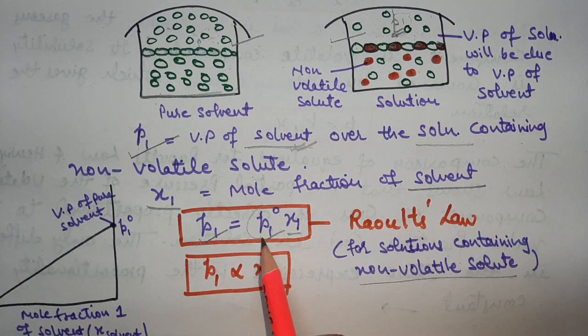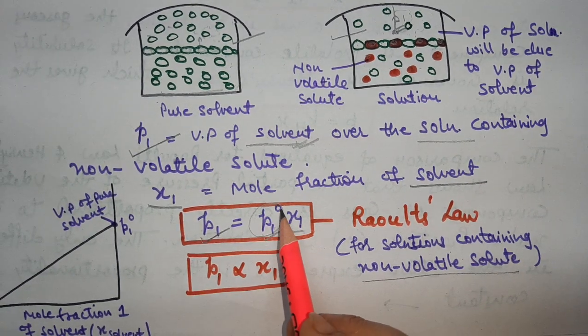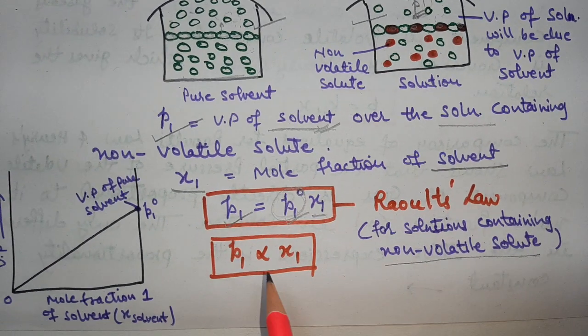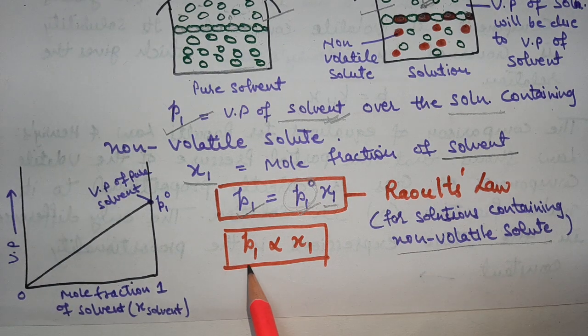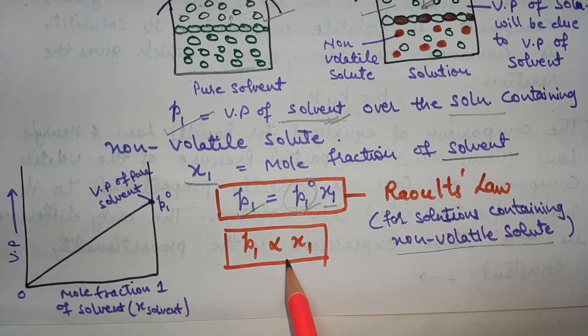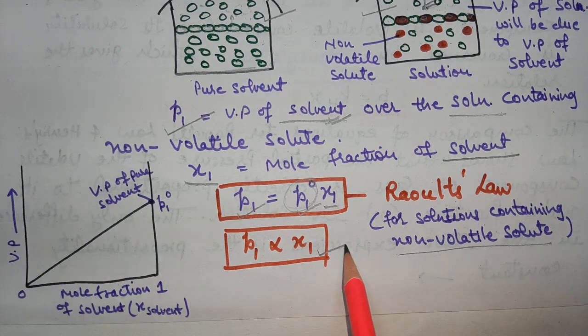P1 naught is constant, because this naught means for the pure solvent, and that will always be constant. So we can write that P1 is directly proportional to the mole fraction, that is, the partial pressure of the solution is directly proportional to its mole fraction.